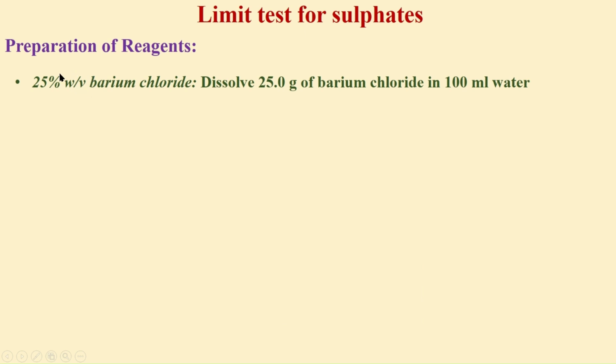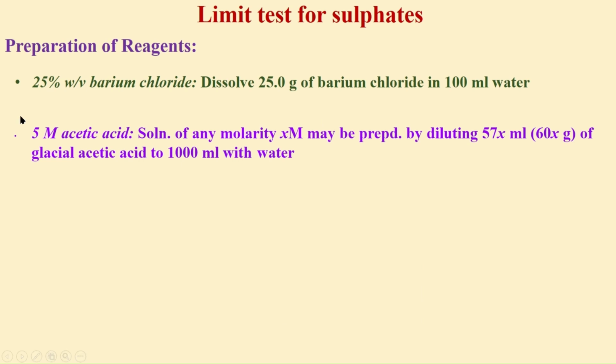Percent means per 100. The percentage of barium chloride present in the given solution is 25%. 25 grams of barium chloride I take and dissolve in 100 ml of water. I'll get 25% weight by volume barium chloride solution.